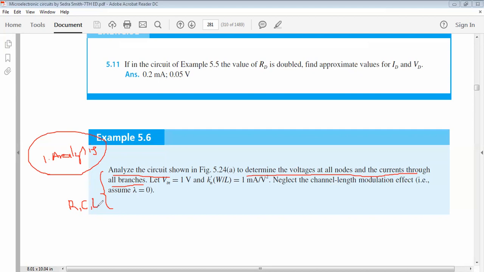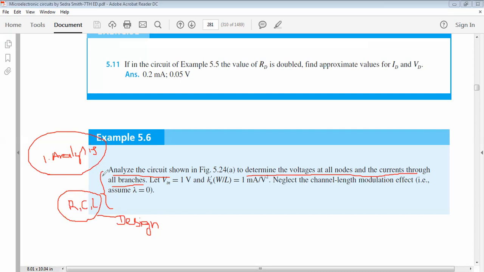Simply, they are called RLC elements. Designing means to find RLC component values. That problem is called the designing problem. Design a MOSFET or design a BJT, like that. That means we have to find the resistor components in the circuit.